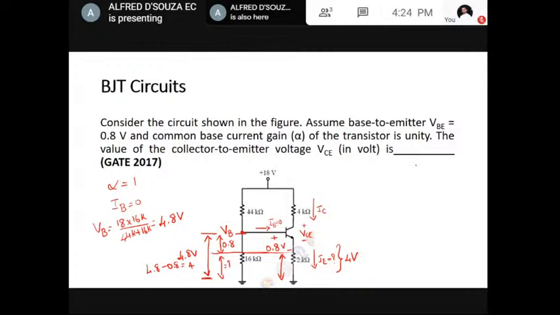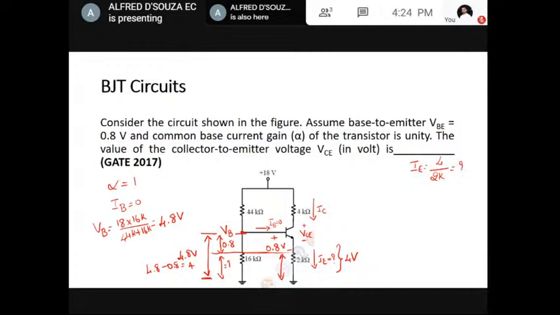So immediately I can calculate how much is IE. It is 4 divided by 2 kilo ohm.